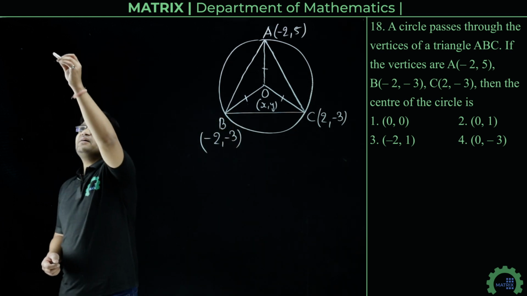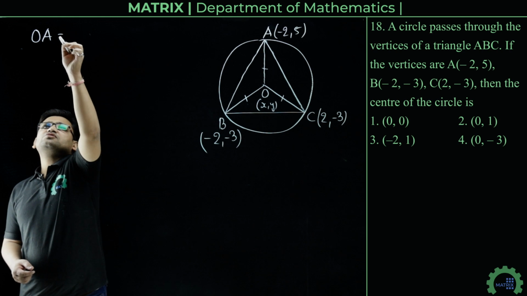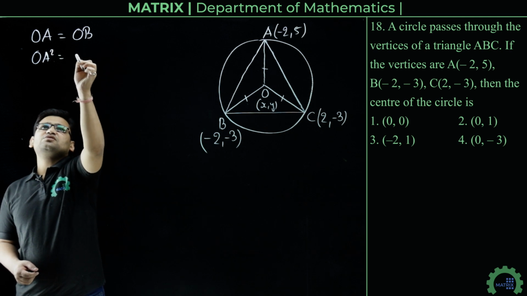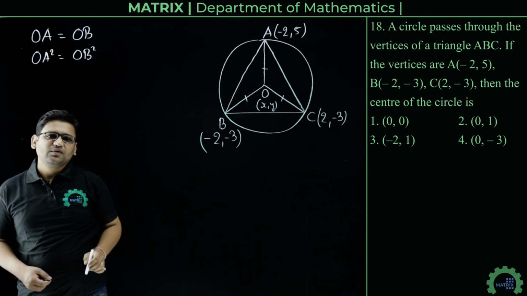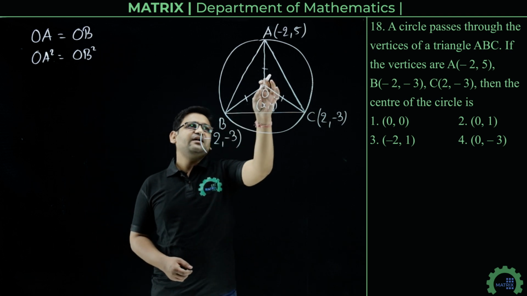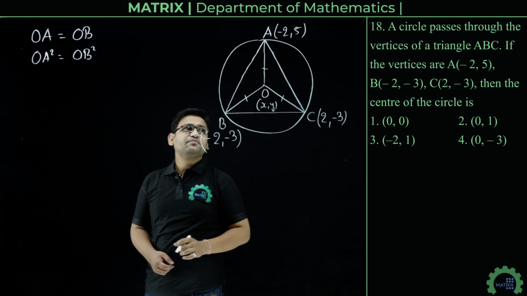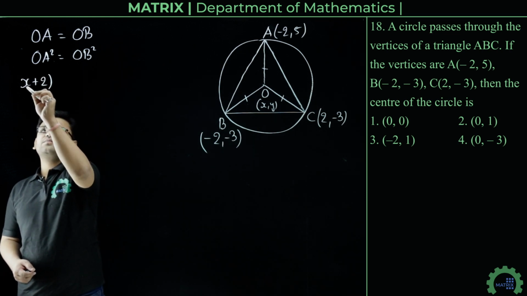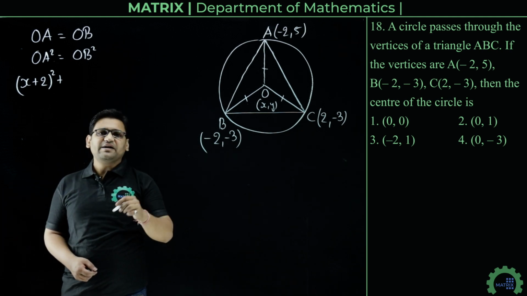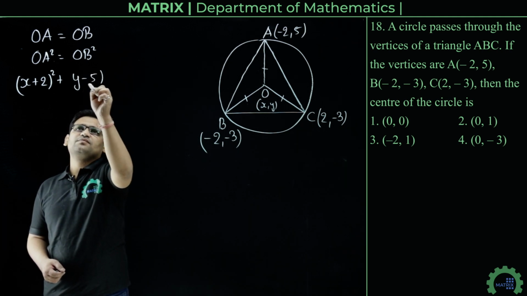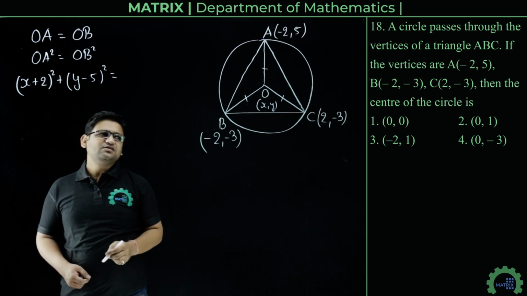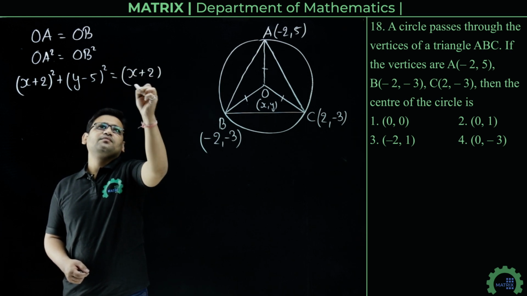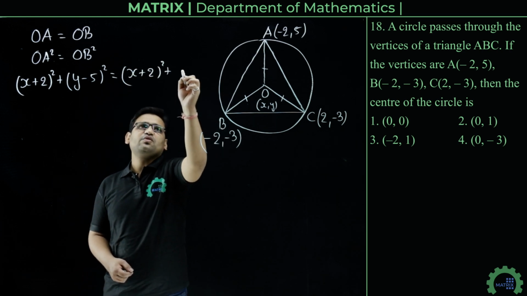Alright, so we can write here OA equals OB, or we can write OA square is equal to OB square. Now using the distance formula we can write the distance OA square will be (x plus 2) square plus (y minus 5) square, that will be equal to distance OB square, that is (x plus 2) square plus (y plus 3) square.